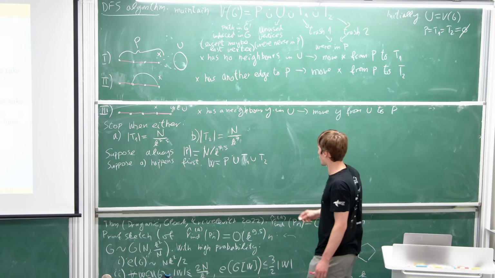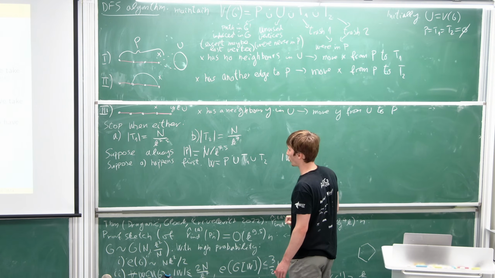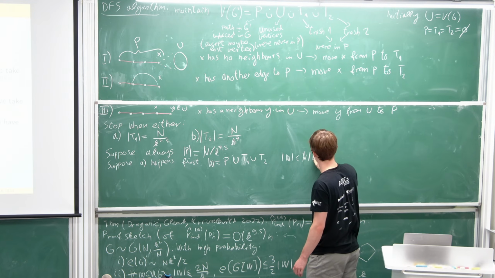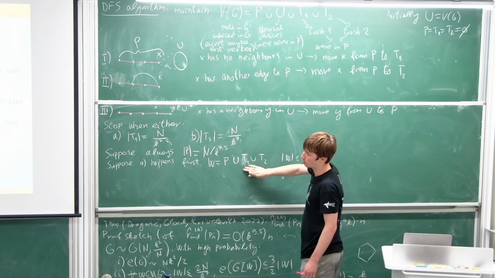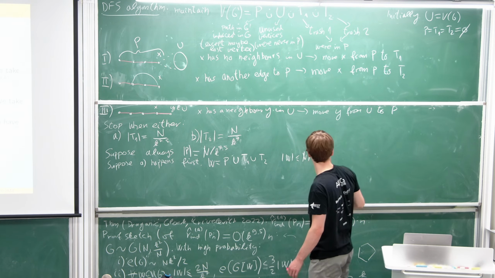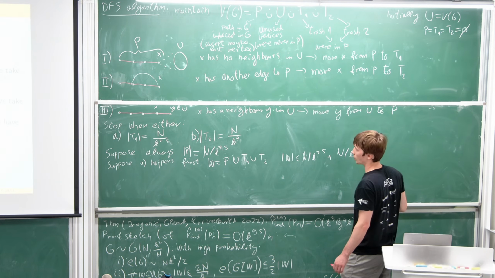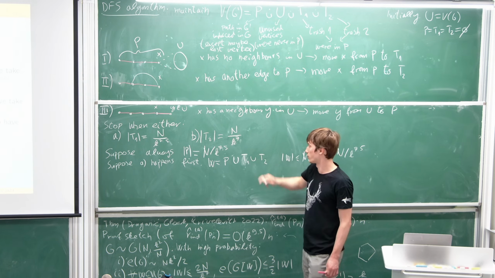Okay, so first let's argue about the size of W. Well, size of P is at most this. Size of T1, well, we stopped when it's of this size. And we assume that A happened first, so T2 is at most this size.